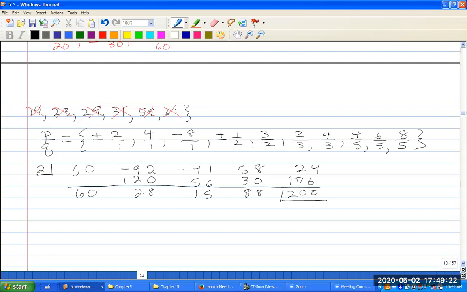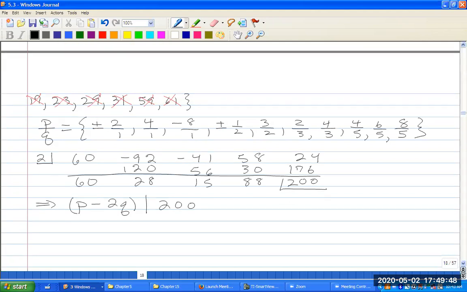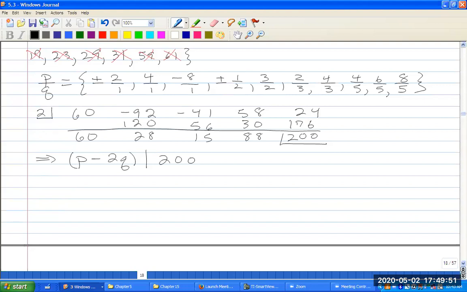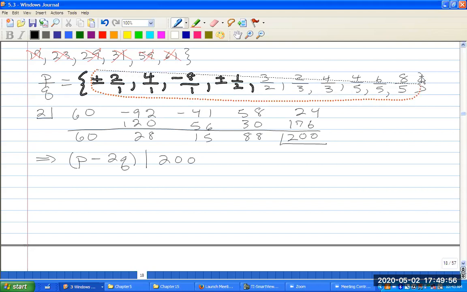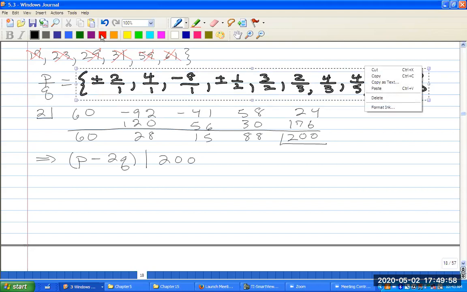Okay. And so I want, in this case, P minus 2Q to be a factor of 200. Okay, so I'll probably eliminate a few numbers there, just looking at that one. So let's copy these.